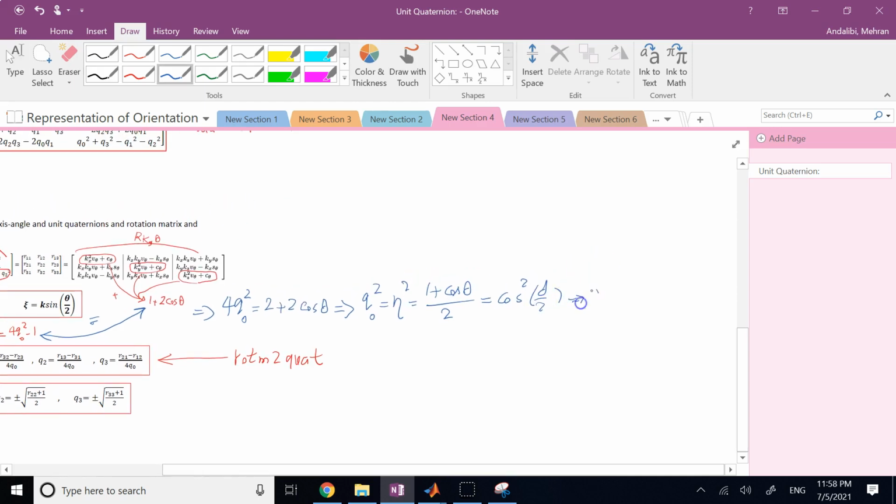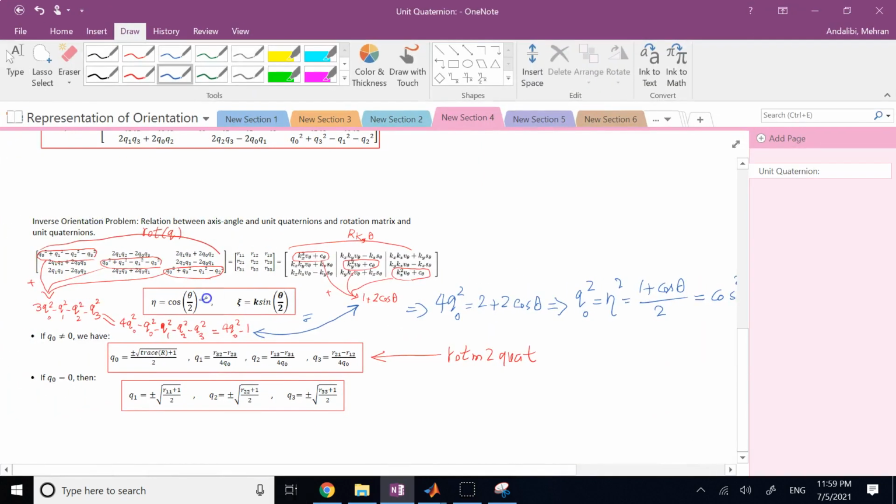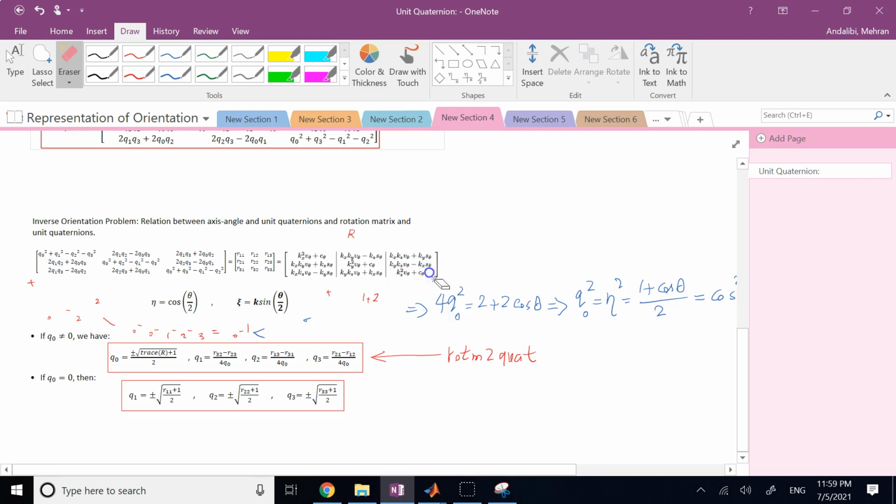So clearly your eta is cosine of half angle, and this is exactly what you have over here. So the real part of a quaternion is equivalent to cosine of half angle in the axis angle representation. Good. I hope you accept that this is how you get your first formula.